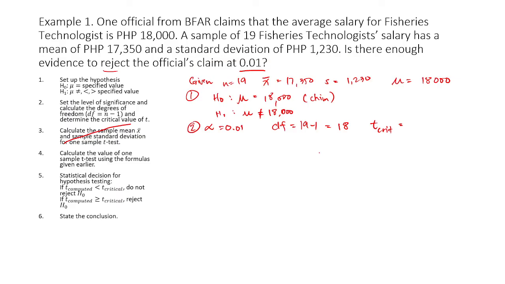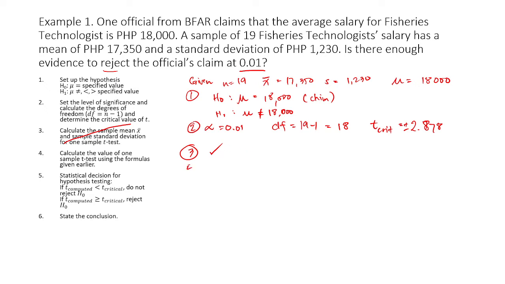So, our t critical here is 2.878. Okay, so mapo-positive or negative value man yan kasi two-tailed yung ating scenario. So for the third step, skip na yan, check na tayo dyan.